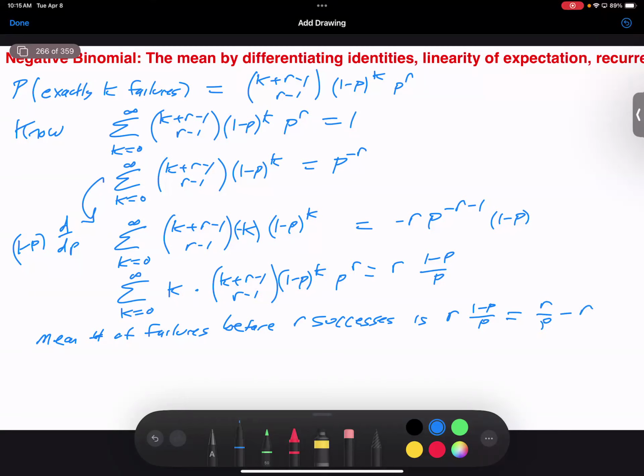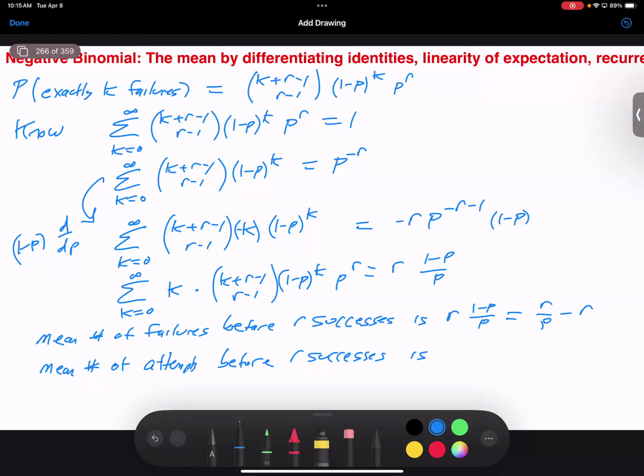Instead of failures, what could I look at? The mean number of... so what did we say was related to, instead of looking at the number of failures, we could look at the total number of attempts. How do they differ?